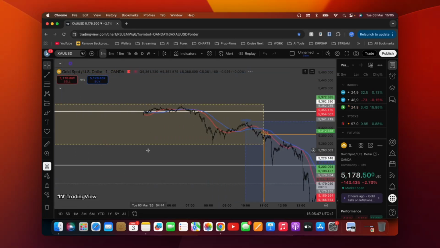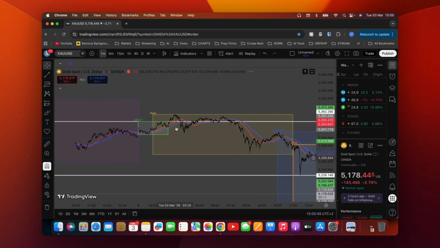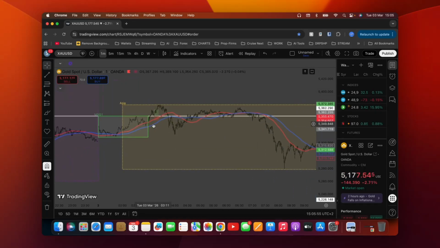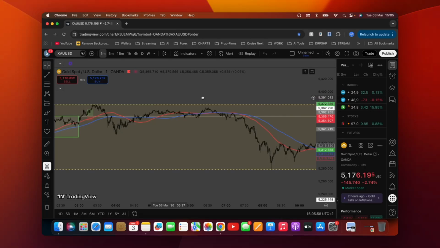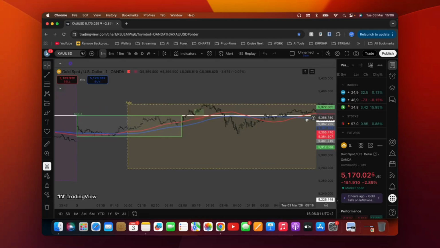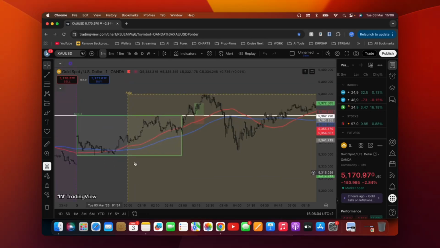But yeah, if we go to the one this morning, I went over it in a smaller video on the socials. But yeah, let's have a look at this one here. Okay, so as you can see, this one actually reversed right at the MSG block here, in line with it. So yeah, this is the 1 minute strat.